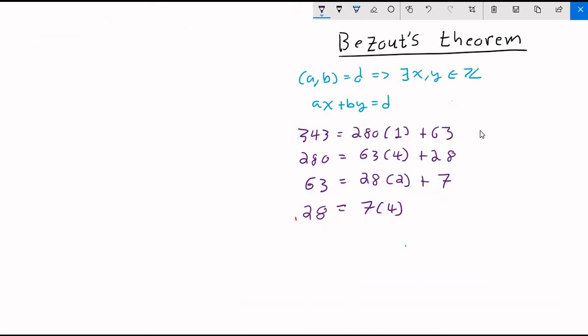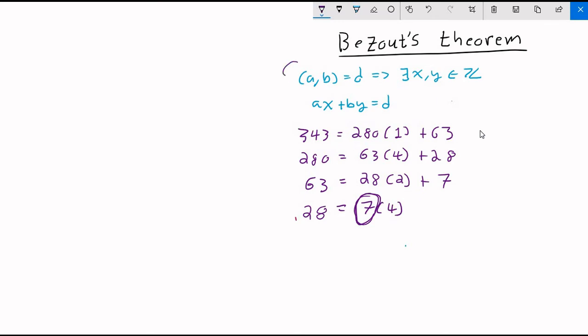You're welcome to jump back in the video just to double check this is the same math, but we had figured out previously that 343 was equal to 280 times 1 plus 63, 280 was equal to 63 times 4 plus 28, and so on. Eventually we bottomed out and figured out that, at least according to the Euclidean algorithm, 7 is the greatest common divisor of 343 and 280.